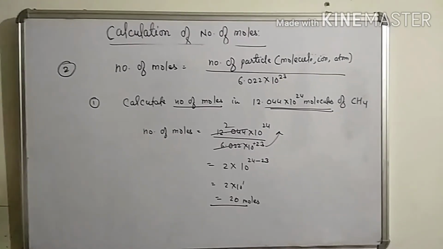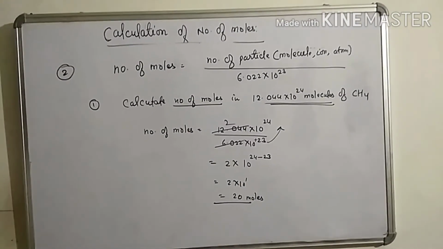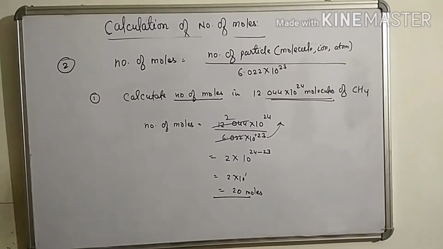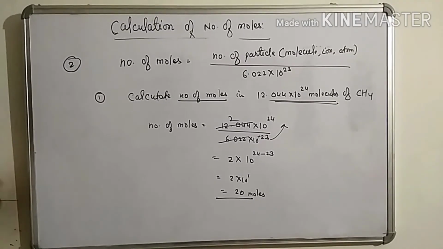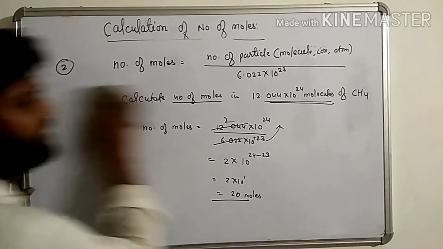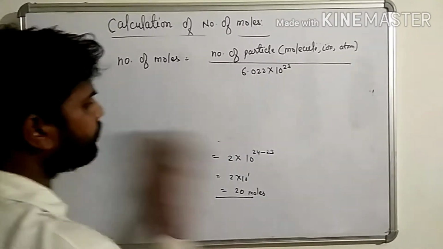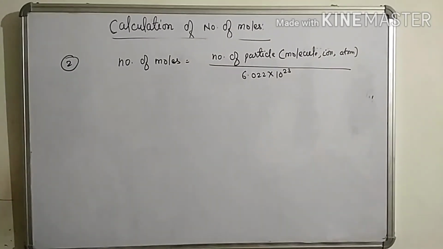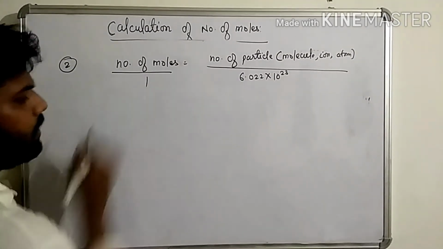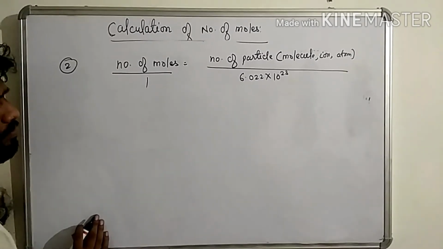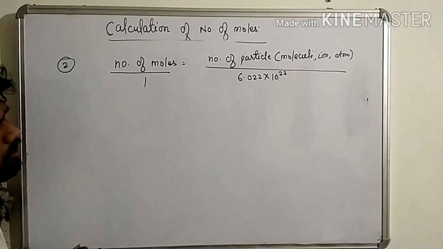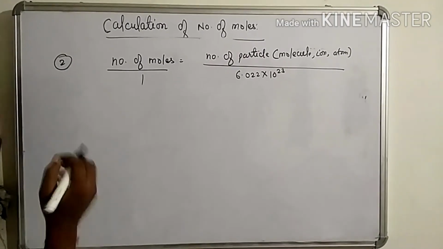Clear children? Now we will see another formula in this children. See children, write one here. Now we are going to take out another formula.